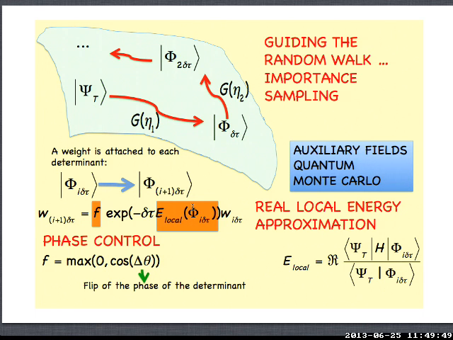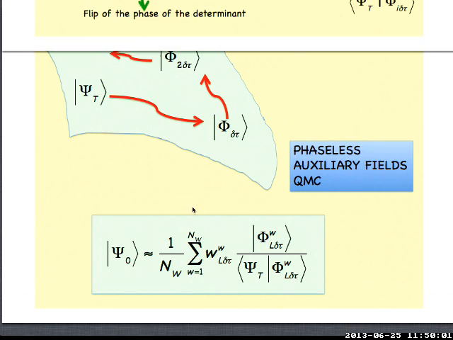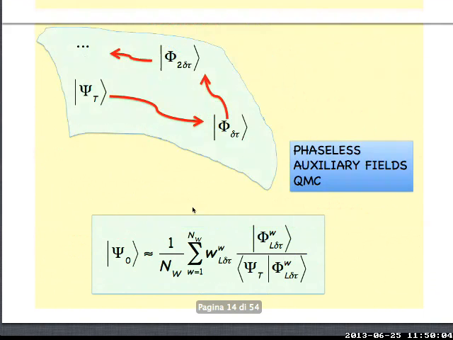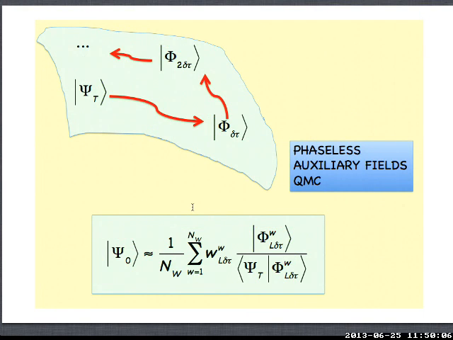But the combined effect of the real local energy approximation and this phase control, which prevents the phase from flipping too rapidly, that is connected to being near the zeros in the complex plane, provides a representation just like the one before, but some weights appear, and the determinants are divided by this overlap.